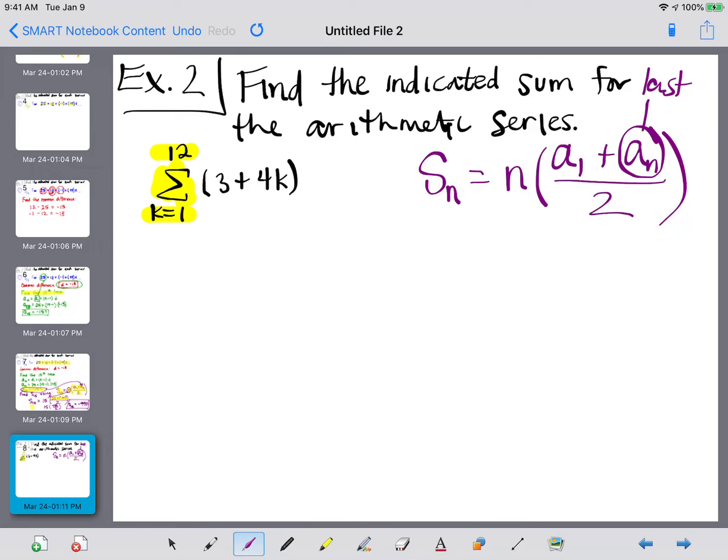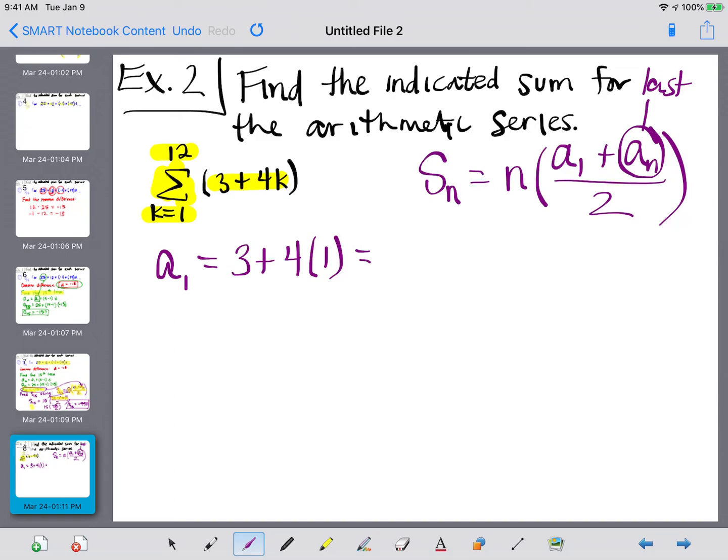So in order to plug these into our formula, we'll first need to find the first term. And this, if you remember from our previous lesson, is an explicit sequence. So if I want the first term of the sequence, I'm going to plug in a 1 for that k.